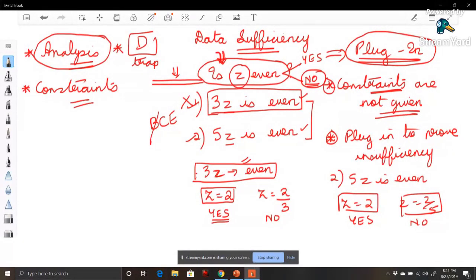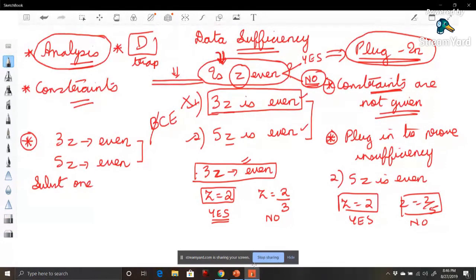Now this is the most important strategy of data sufficiency. When you combine statements, never try to analyze, never try to plug in values. Worst ways of working. When you combine statements, the best approach to utilize is an algebraic approach. You can always substitute one statement into the other, because both statements given to you are definite truths.